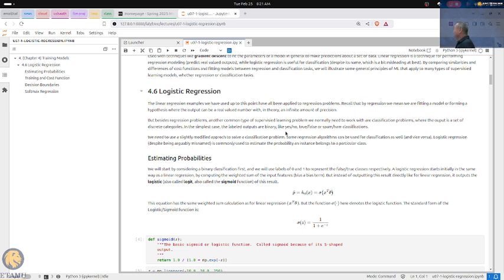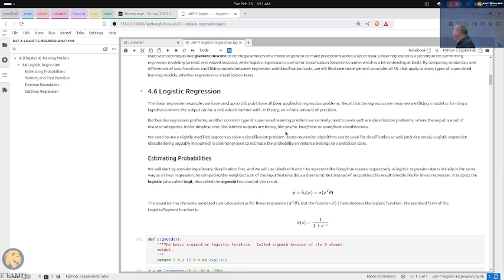So if we wanted to predict house prices, we needed it to be able to range from maybe $50,000 up to $1 million or something like that, right?